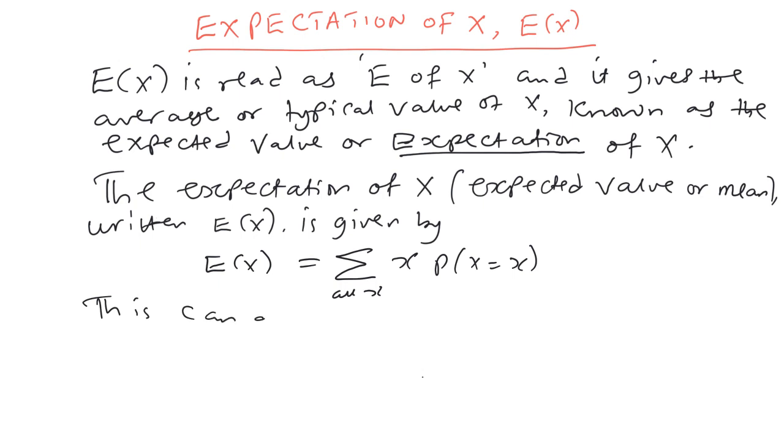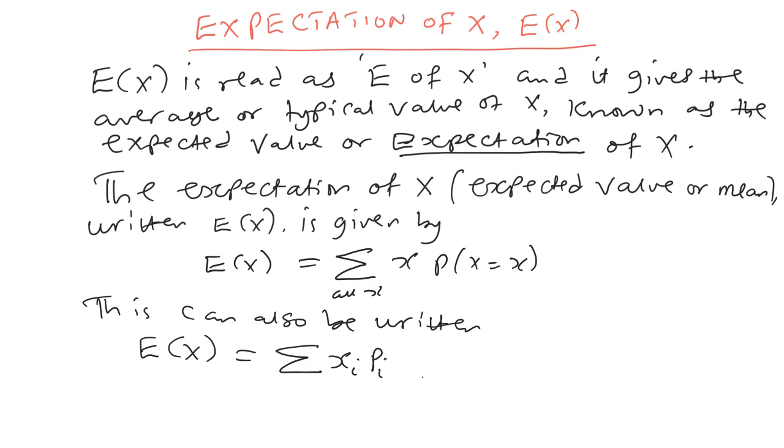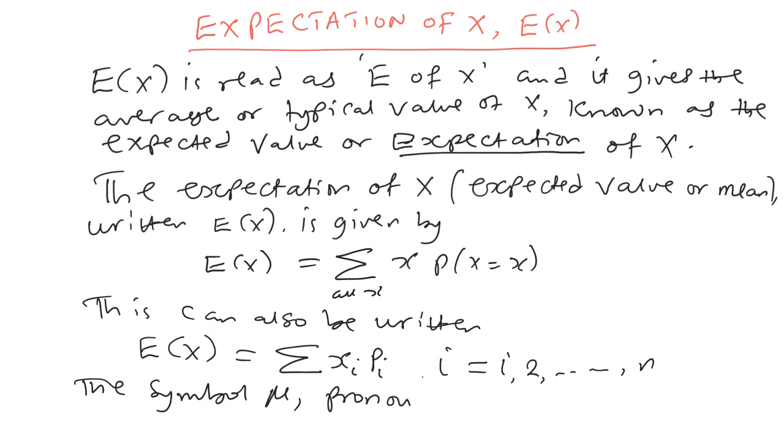This can also be written as E of X is the summation of the x_i times p_i, for i equal to 1, 2, up to n, and we use the symbol mu, pronounced mu.